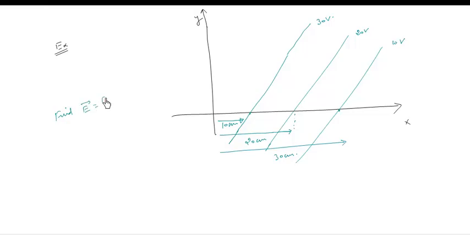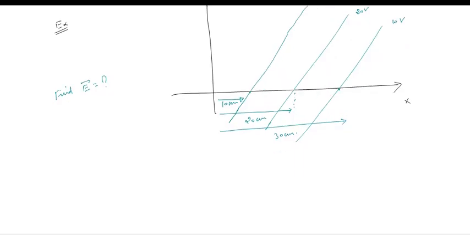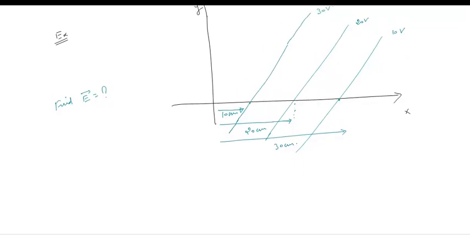So if somebody asks me to find electric field in vector form, then what I'll do is I can simply say that electric field is always perpendicular to the equipotential surfaces. So if electric field is perpendicular to these equipotential surfaces, then electric field should be something like this. Now electric field can be in this downward direction or it can be in this upward direction.